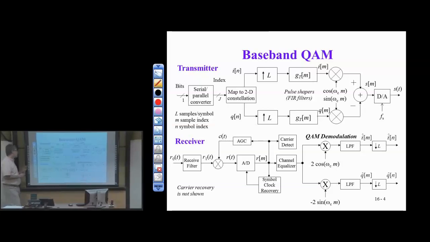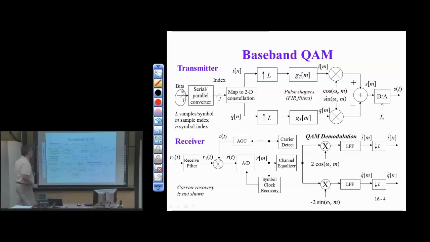So the transmitter, its job is to get a bunch of bits ready for transmission. We'll do that ultimately by grouping the bits into J bits, looking up an in-phase and quadrature amplitude value from our constellation map, and then do the usual pulse shaping.